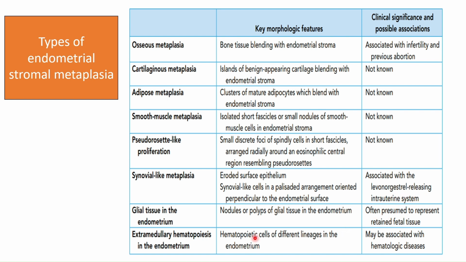Glial tissue in endometrium, where we find nodules or polyps of glial tissue in the endometrium, is often presumed to be retained fetal tissue. Now, extramedullary hematopoiesis in the endometrium, where hematopoietic cells of different lineages in the endometrium may be associated with hematologic diseases.